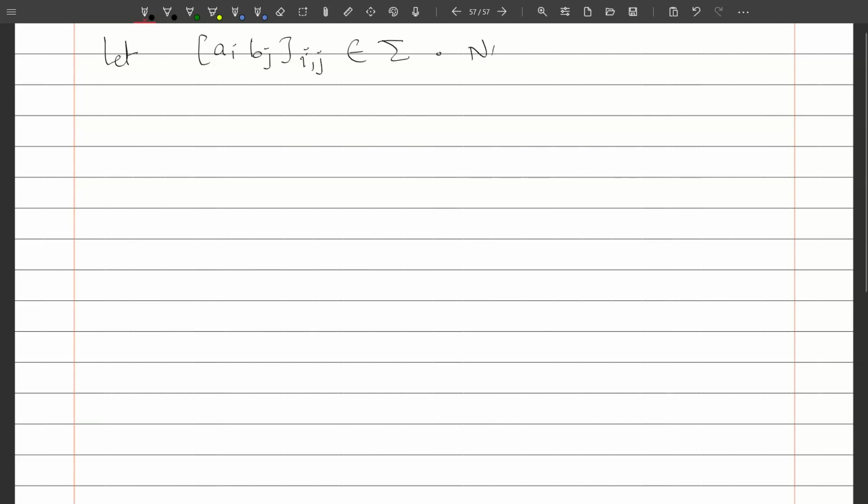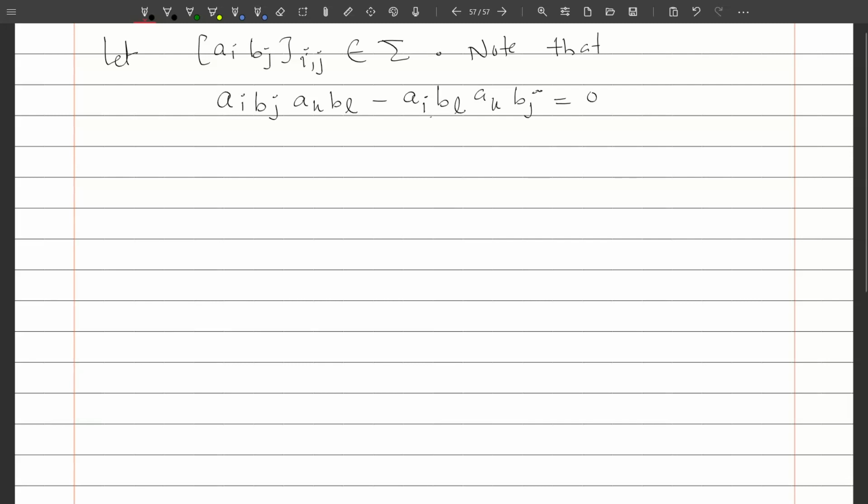Now note that if we look at this expression, the expression aibj akbl minus aibl akbj. Now we have ai here, bj, ak, and bl. So this is equal to 0.